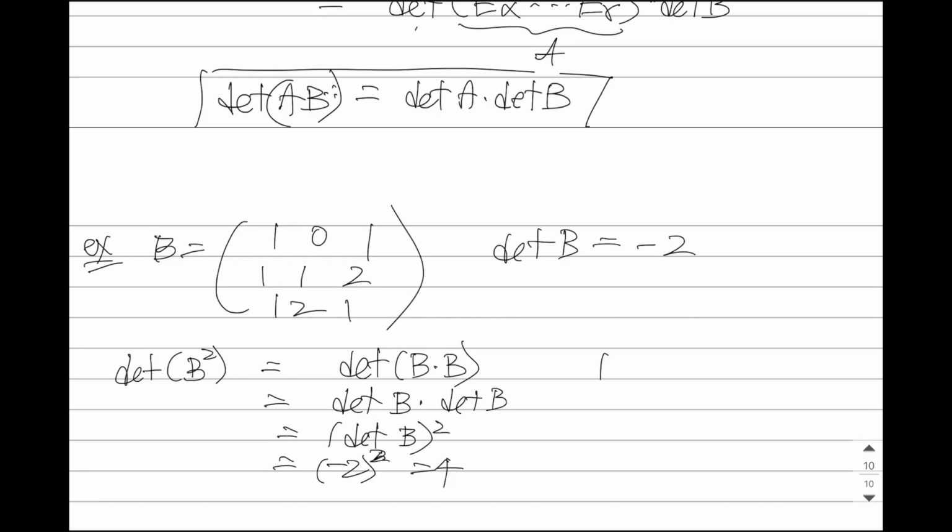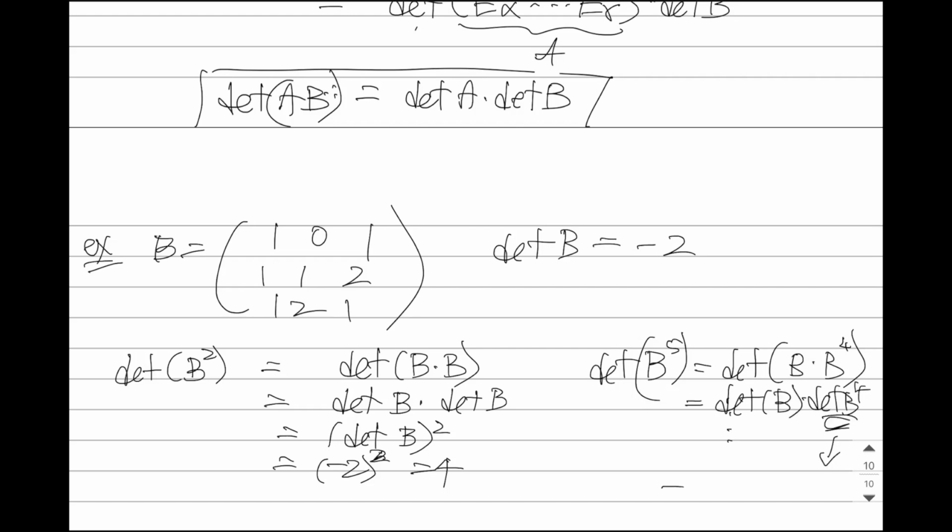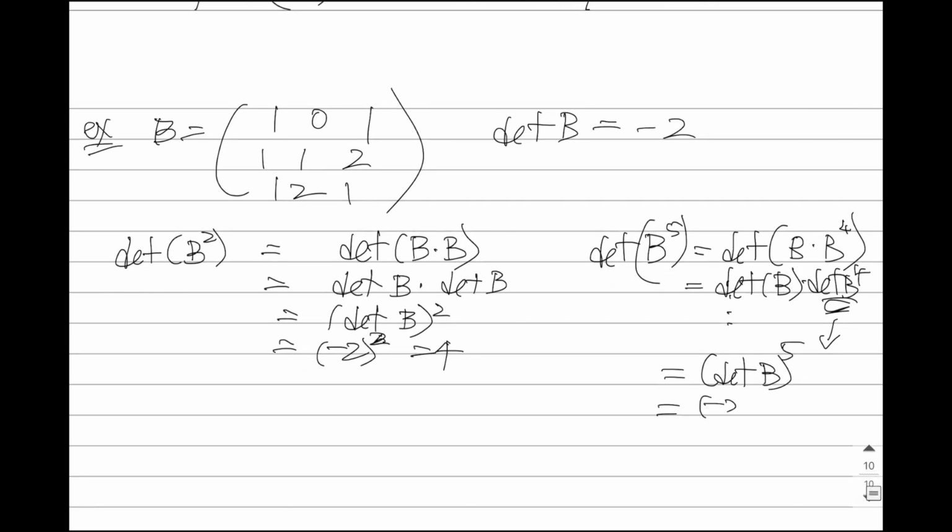Similarly, if I was asked to calculate the determinant of B to the 5, I would play this game, B to the 4, and I would just keep repeating the product that I got, the determinant of B to the 4, and I would repeat the process here. I would eventually get up to the determinant of B to the power of 5, which is -32.